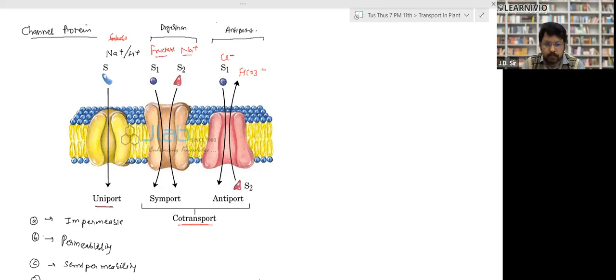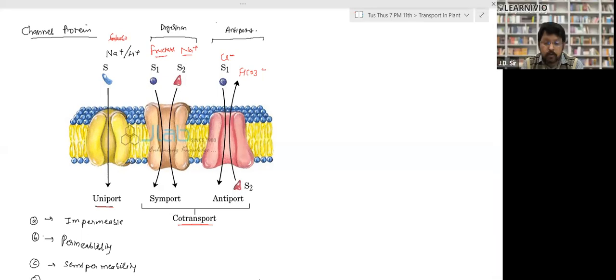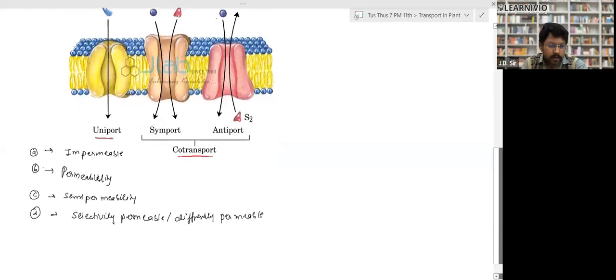Is it clear? Uniport, symport, antiport. This will be asked in your school exam. Active transport, passive transport, facilitated diffusion. They will ask you a two marker question, the smallest question, in your school exam.